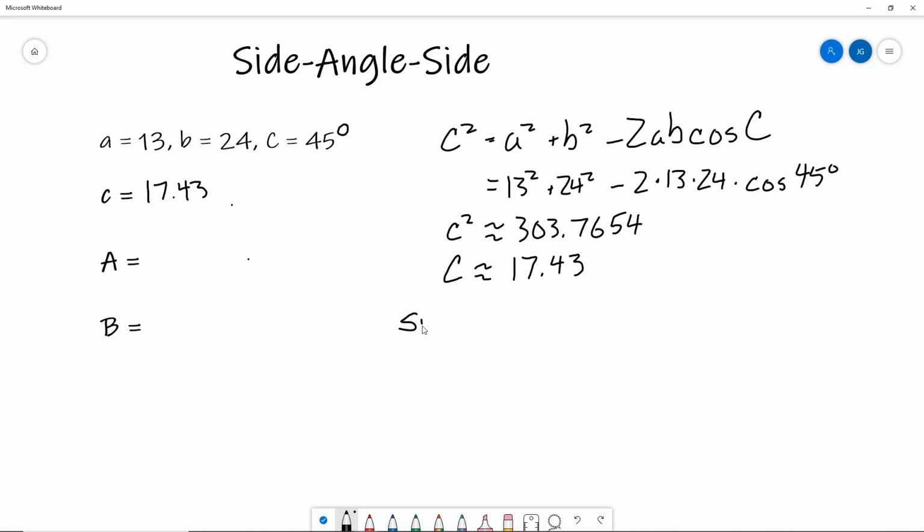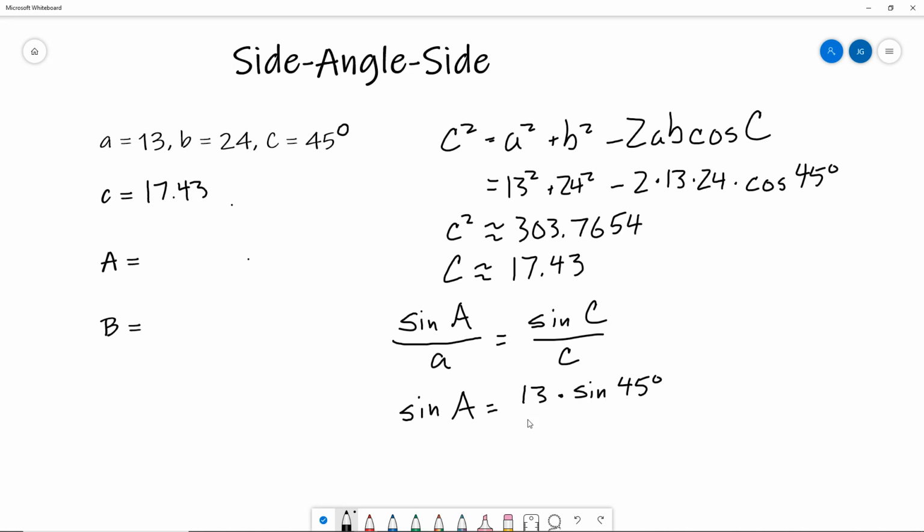So to find out A, I'm going to do the reciprocal version of the law of sines. So in this case, sine of A over A is going to be the sine of C over C, which means that if I solve for the angle A, sine of A is going to be equal to 13, which is my value for A, times the sine of 45 degrees, all over 17.43.